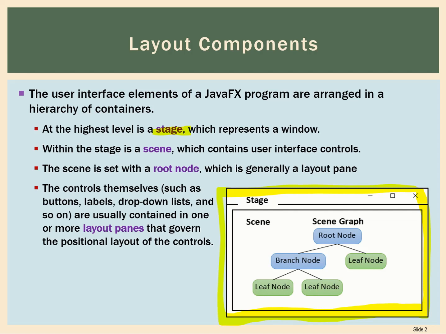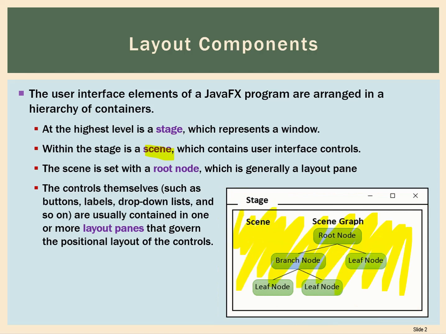The next concept that we want to get into would be a scene. And a scene is really what is inside the window. It's the content of the window. And every scene in JavaFX has something called a root node.